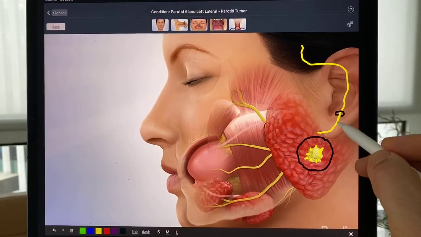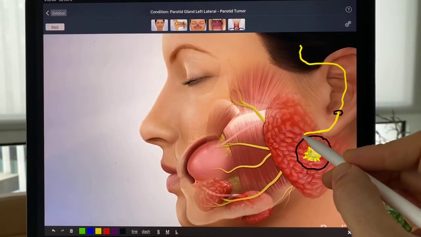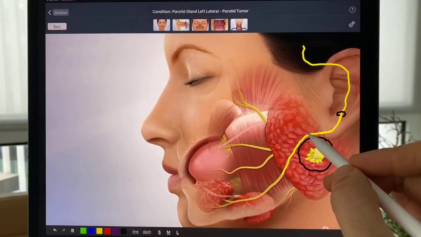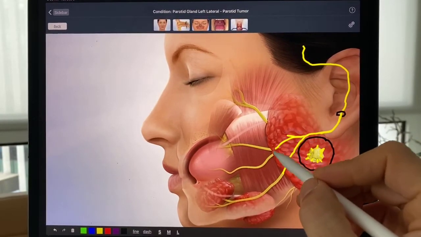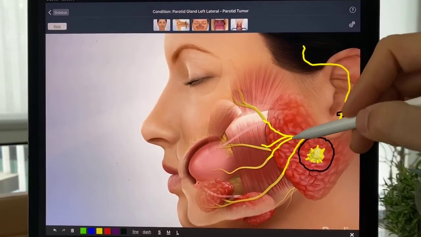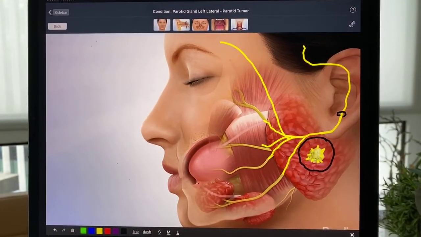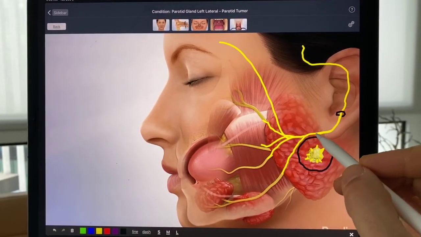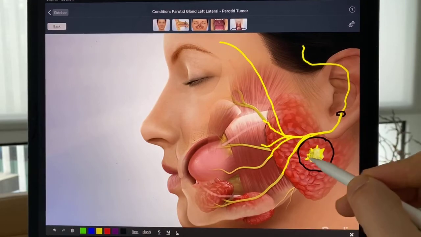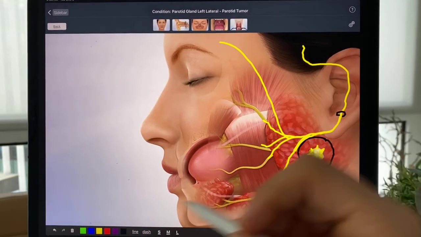It comes out of that opening there, enters the gland, and gives you a lower branch and an upper branch. The lower branch goes to the lower lip, and the upper branch goes to the upper lip, smile, eye, and forehead muscles. Now, if the nerve is more than 1 centimeter away, then your margins are good, 1 centimeter margin.